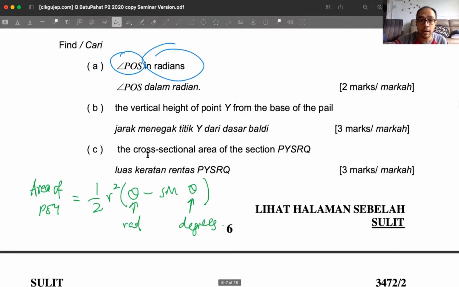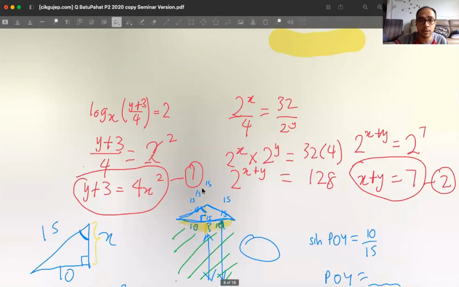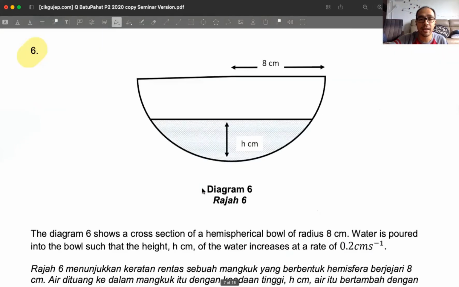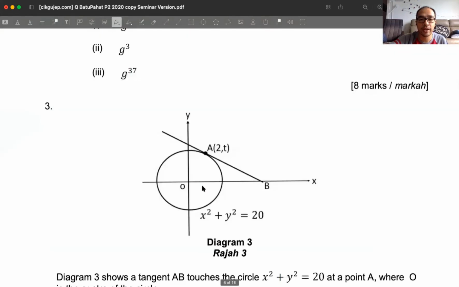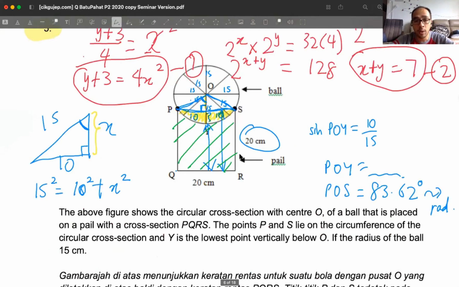The area of this yellow section over here, this is what we call a segment.